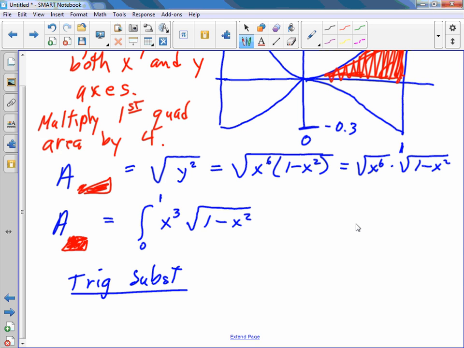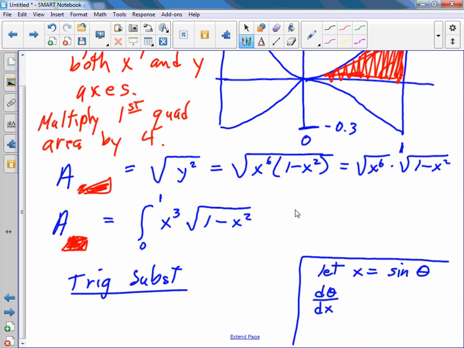Okay. So off to the side here, I'm going to let x equal sine theta. Okay? And so, the derivative of theta with respect to x equals what?